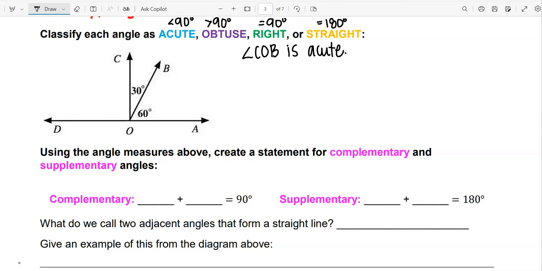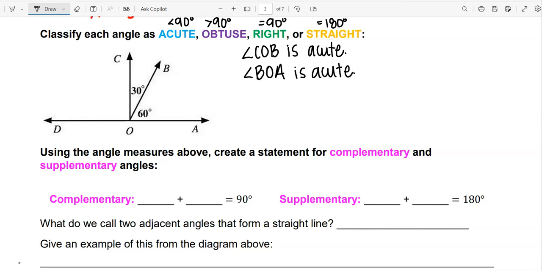That's because it is 30 degrees. Okay, someone give me the name of an angle that is also acute. BOA, awesome. So what's the measurement of angle BOA? 60 degrees. So this one is also acute.